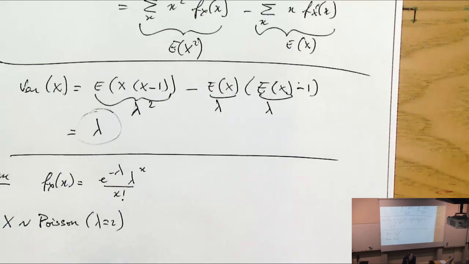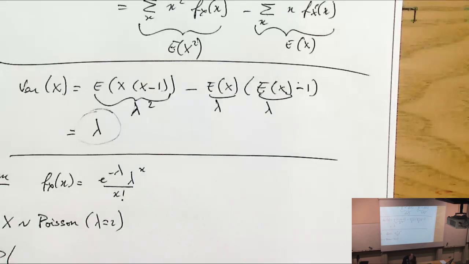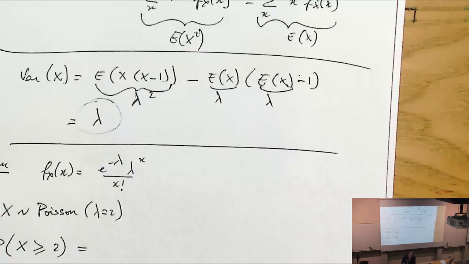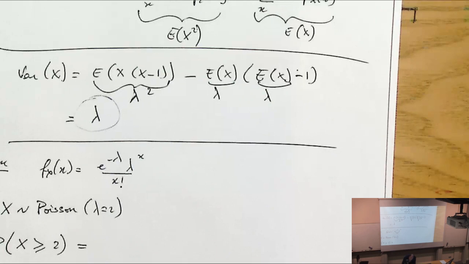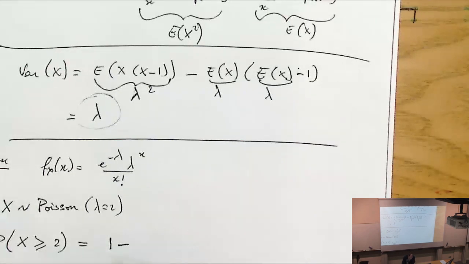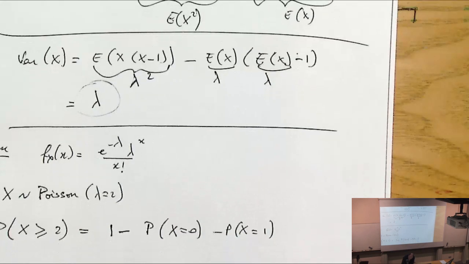And if you want to look at, for instance, the probability that x is larger or equal to 2, so the number of events, for instance some specific event, is larger or equal to 2. What is this? This is 1 minus the probability of having x equal to 0 and x equal to 1, right?